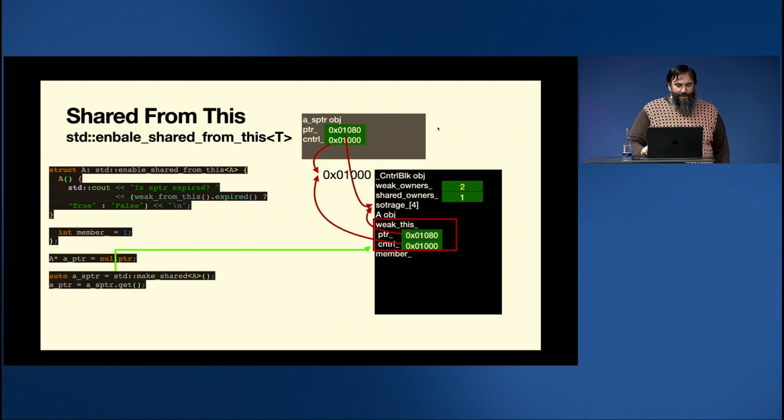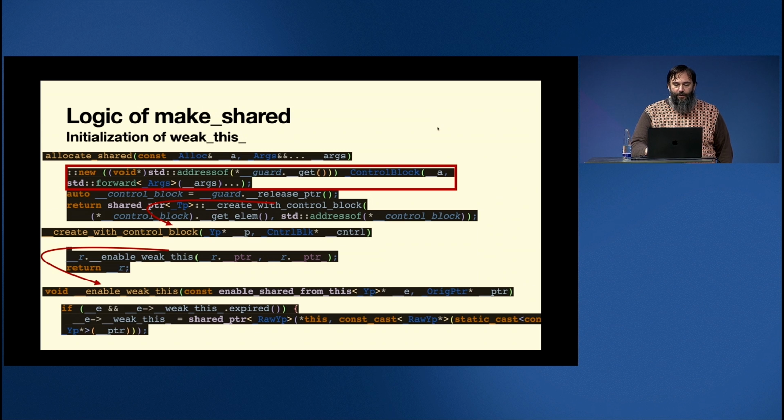And why is that? If you look at the implementation of this make shared, this is the implementation. I copied it from the stdlib. It's a bit cryptic. Basically, one thing to know is that this is a placement new, and this placement new is happening in this line which I marked with a red rectangle.